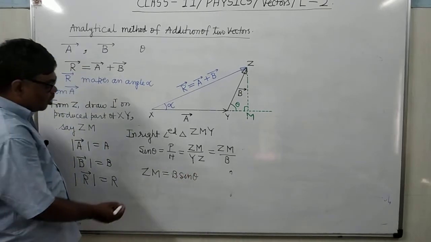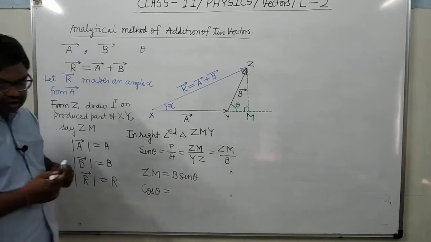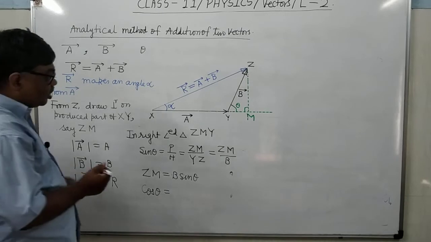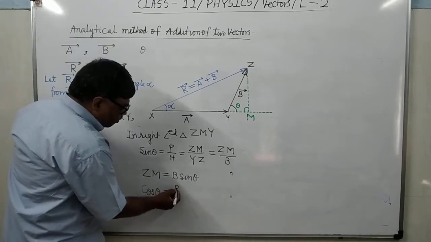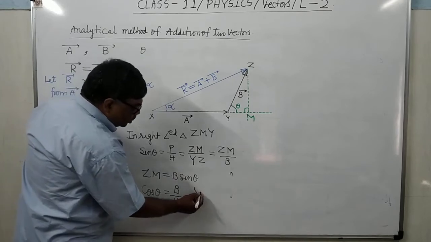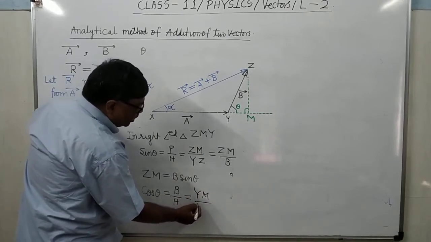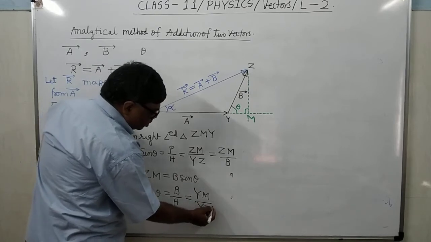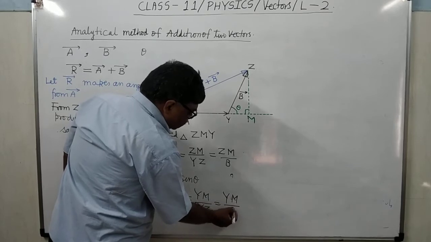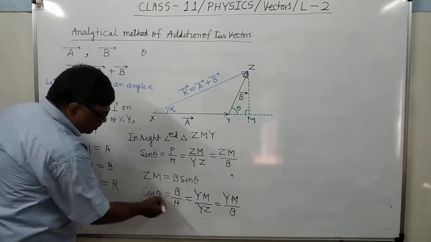Then similarly cos theta. When you take cos theta, what will be its value? Cos theta will be equal to base upon hypotenuse, that is YM upon YZ, and YZ is B. So what will be YM?